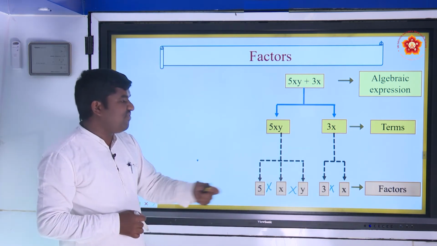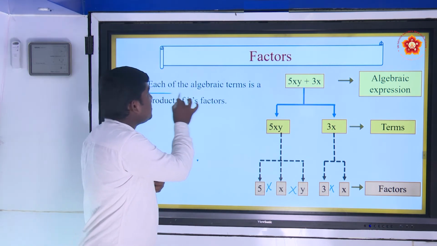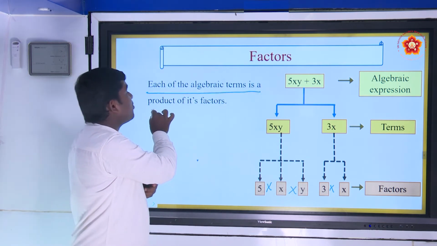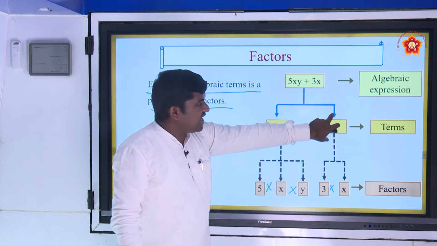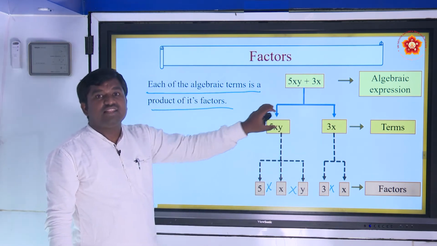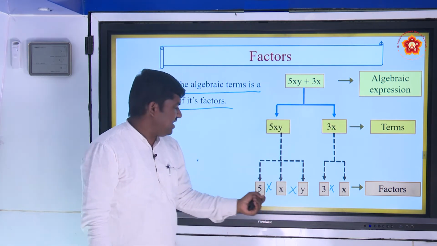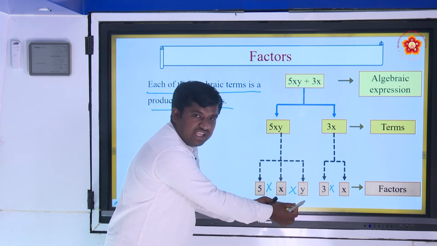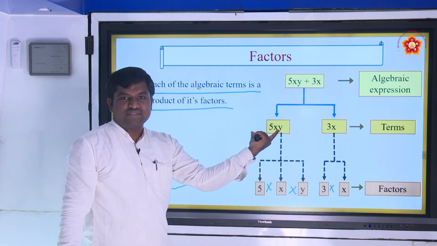Then what is meant by factors? Yes, factors means each algebraic term is a product of its factors. Okay, you can take any term. The term is a product of the factors. Yes, see 5, x and y, these three are factors of the term 5xy.